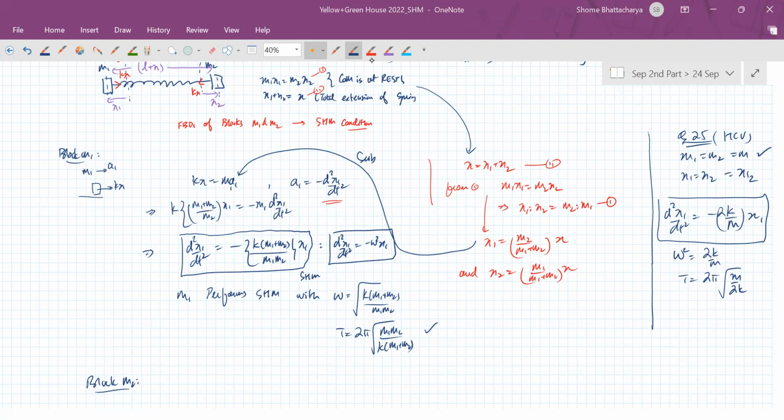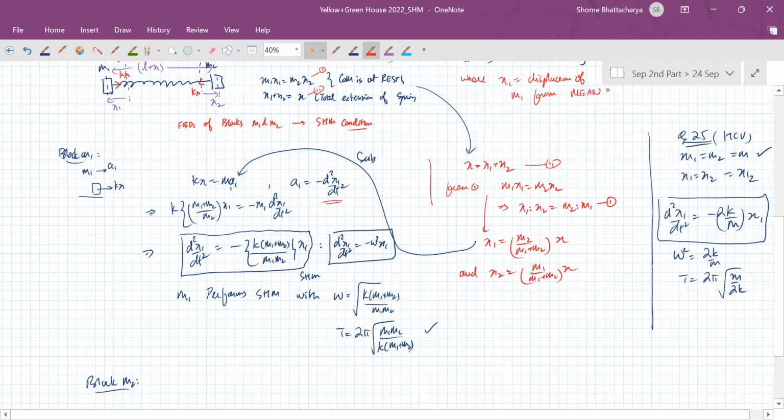Okay, so Tandresh, have you tried the FBD of the second block? Try to follow the same steps for the second block. Remember over here, X1 is the displacement of the block M1 from the mean position, from its position when the system is at mean position.